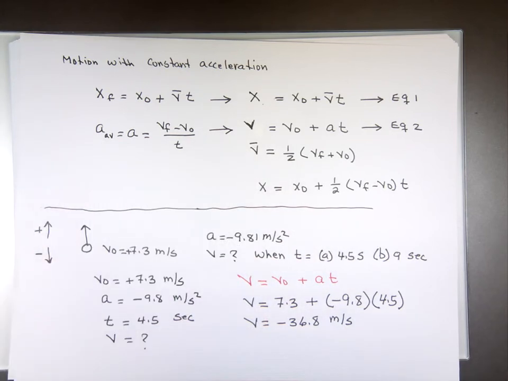How can that velocity be negative? What does that mean? It's coming down. Right? It's coming down. Oh, wait a minute. It's supposed to be 0.45 seconds in the problem, but that's okay.